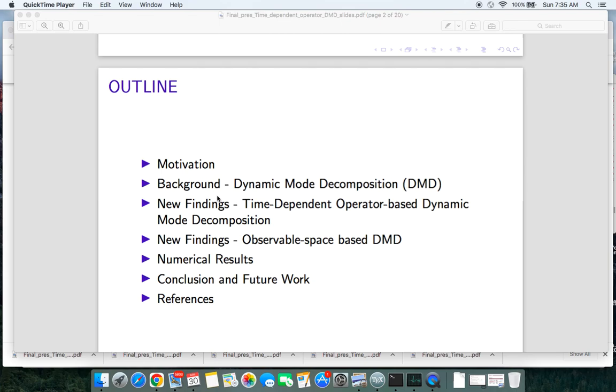Afterwards, I will cover the new findings, which is essentially the analysis related to time-dependent operator-based DMD and observable space-based DMD. Then I will present the numerical results. Finally, we will draw some conclusions, and there will be some references at the end.